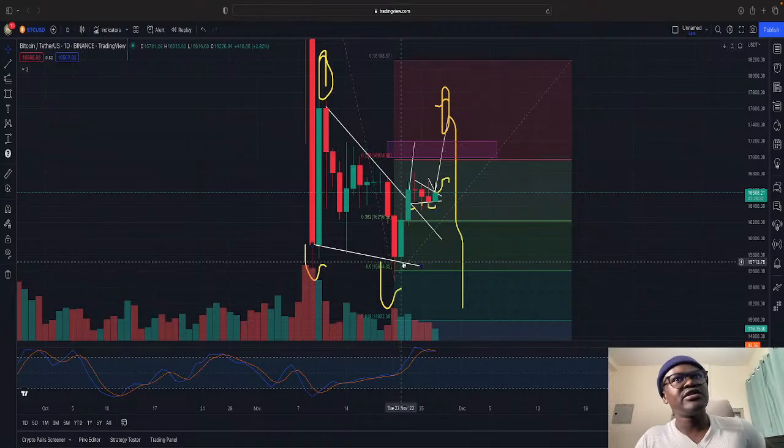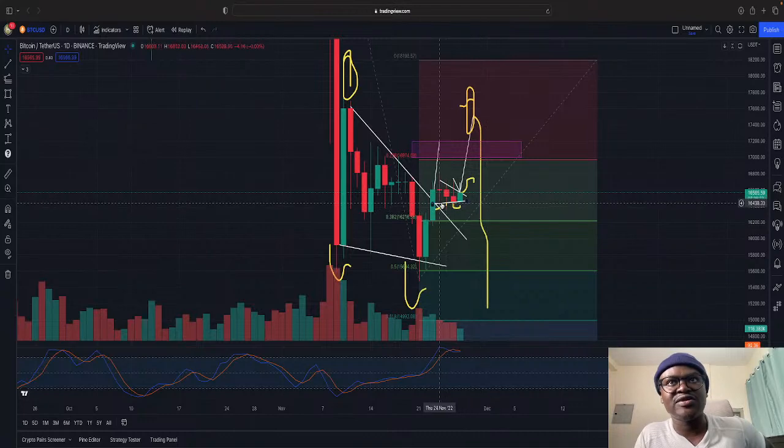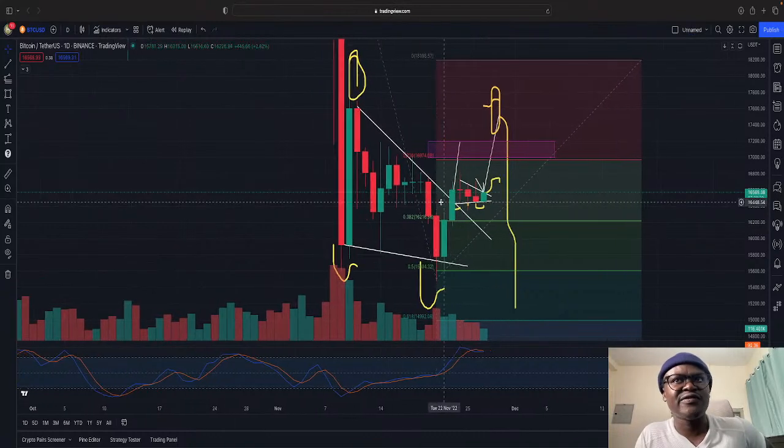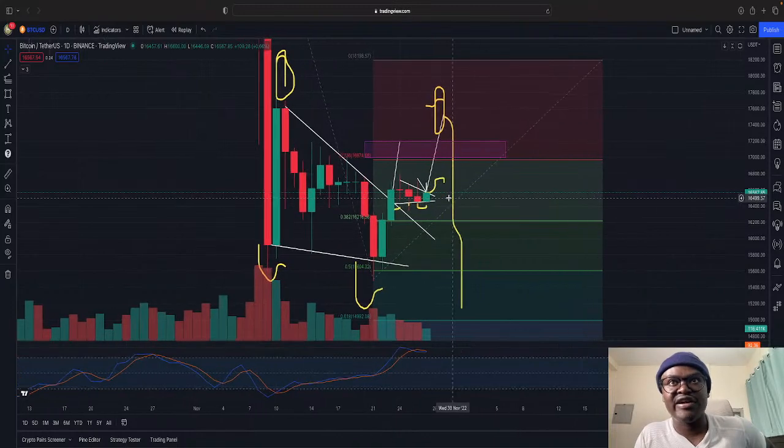I think on the 1 hourly, on the 4 hourly, we can see that price has been consolidating up here, even on the daily as we are seeing it now. It's just that we have about 5 candles, so it's not really noticeable. But on this daily, we can see that price has been consolidating here, and that shows some strength.